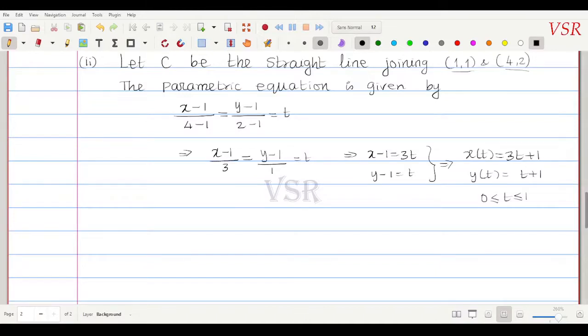Put t equals 1: x is 3 plus 1, 4, and y is 1 plus 1, 2, which gives (4,2).